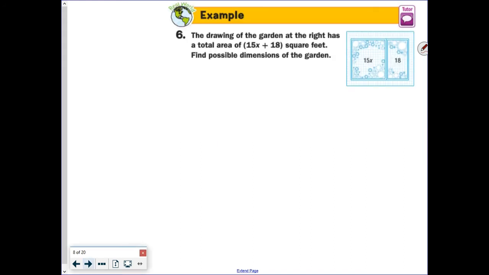Hopefully you were successful going over D, E, and F. Let's take a look at this word problem that appears on the top of page 418. It says the drawing of the garden at the right has a total area of 15x plus 18 square feet. Find the possible dimensions of the garden. Well, we find the area of a rectangle by taking length times width.